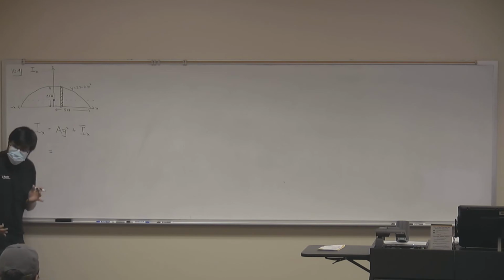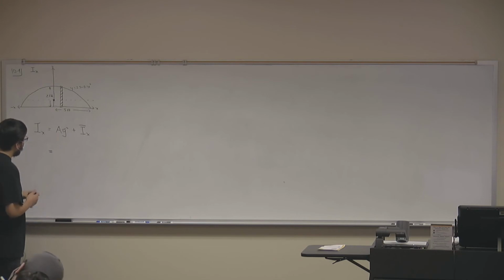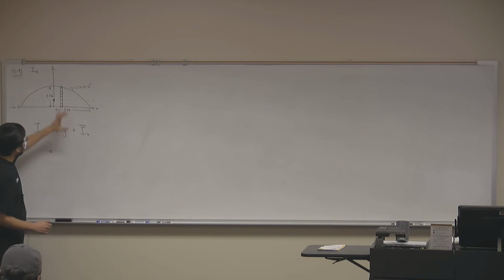What we can do is a differential analysis. Remember, we do differential analysis to find centroids and moments of inertia, and we can also do a differential analysis to apply the parallel axis theorem. In other words, we set a vertical differential element, with a finite vertical distance and a differentially small horizontal distance, and then apply the parallel axis theorem, but only for that vertical element.